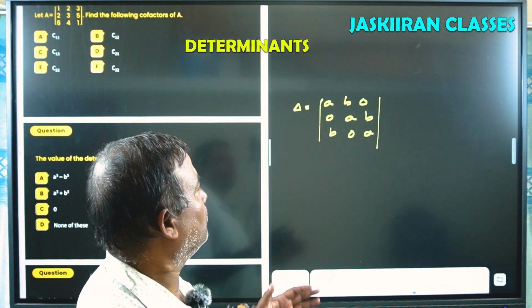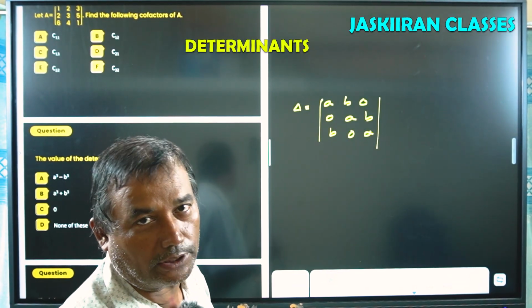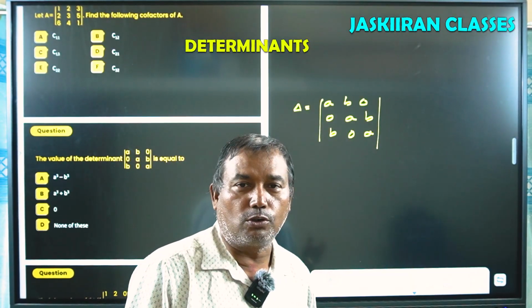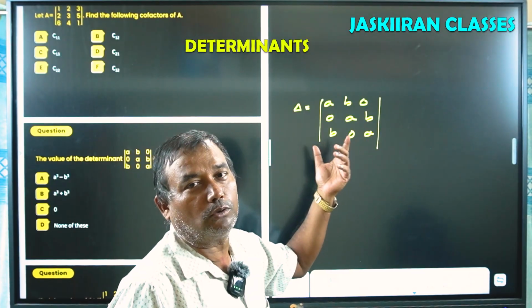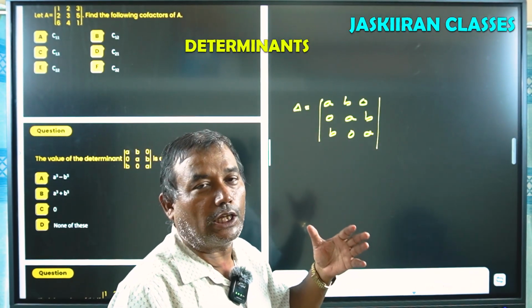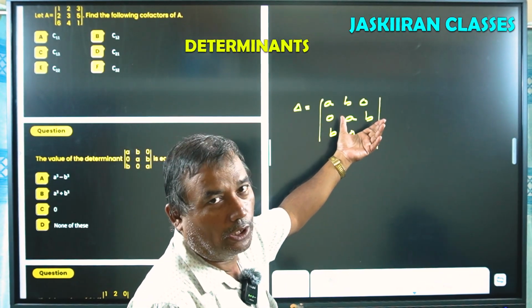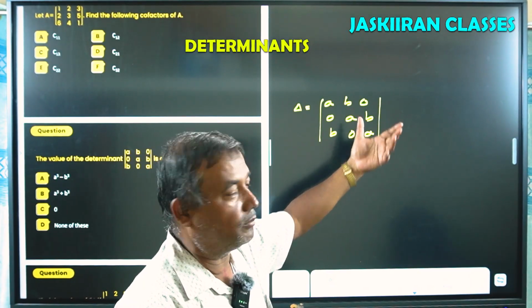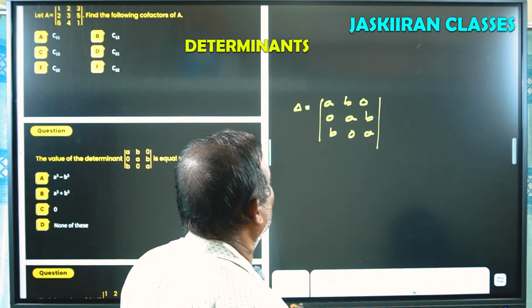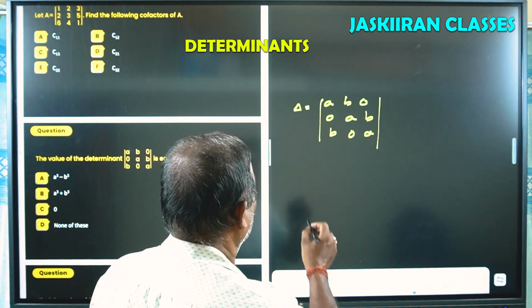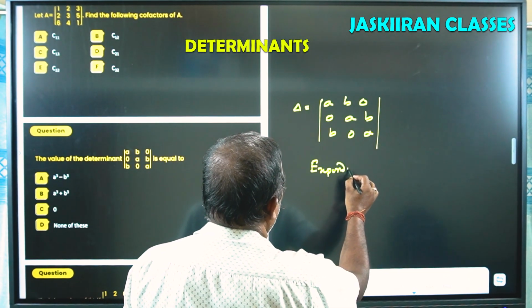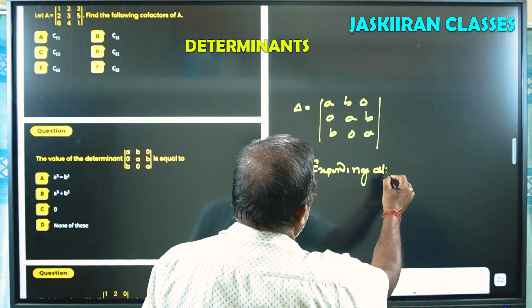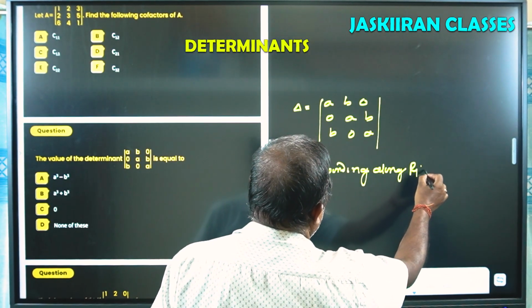A third order determinant can be solved in 6 ways: either row 1, row 2, or row 3, or column 1, column 2, or column 3. We can use any one of these ways to find the value of the determinant. Now we expand along R1.